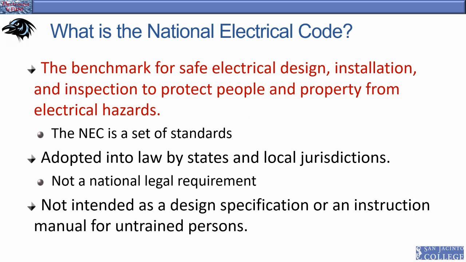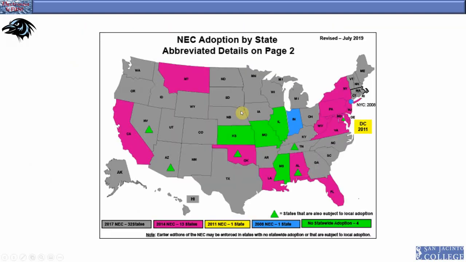The National Electric Code is a law, by the way. It's a law that has been approved by states. It's developed nationally but approved individually by states. And here are the states and the different versions of the National Electric Code that they have implemented. One of the things you're going to notice is that some states are further behind other states.